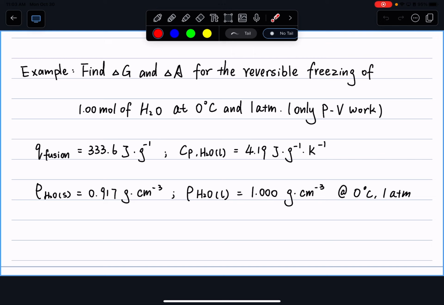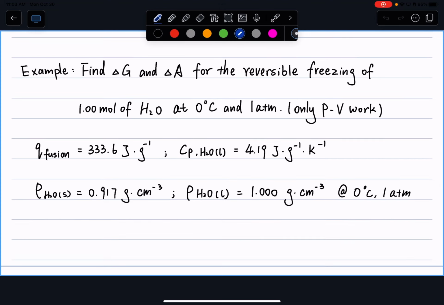Some of the things you will need include the heat of fusion, the heat capacity of water at constant pressure, the density of ice, and the density of water at the given temperature and pressure.